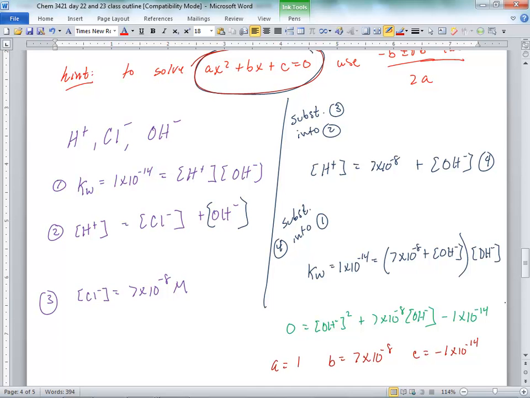And you don't have to solve it this way. There's other ways, but don't forget to divide by 2a.